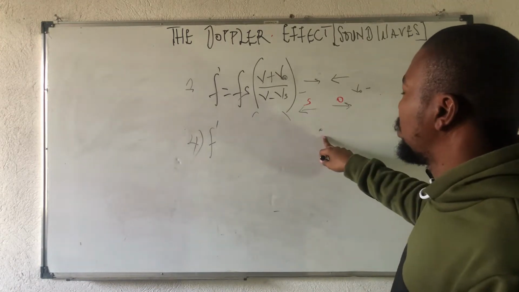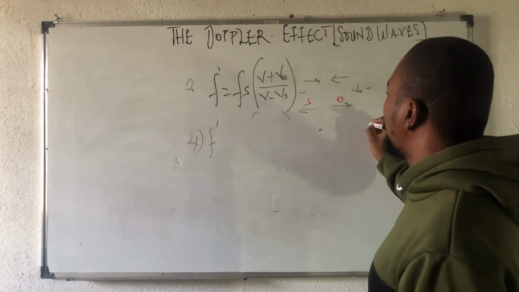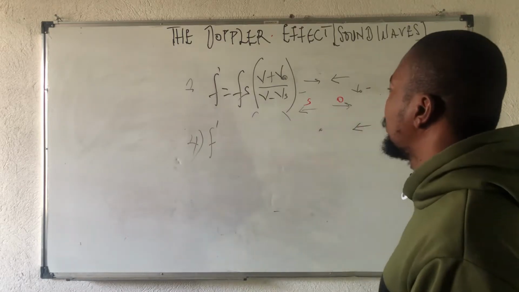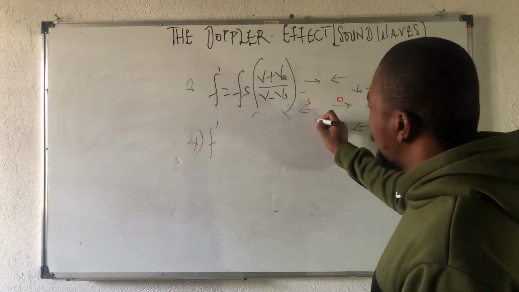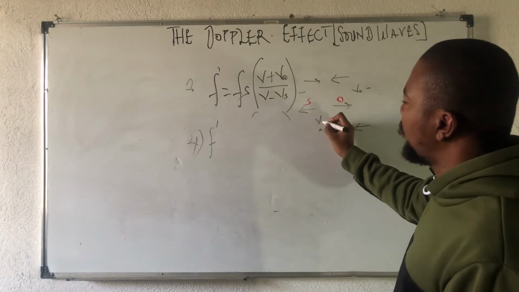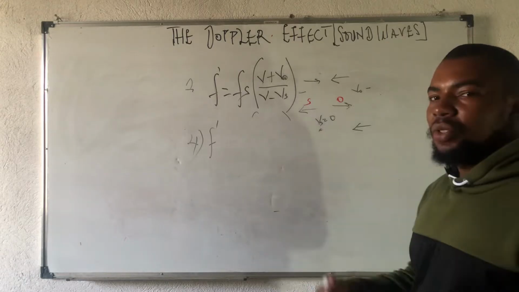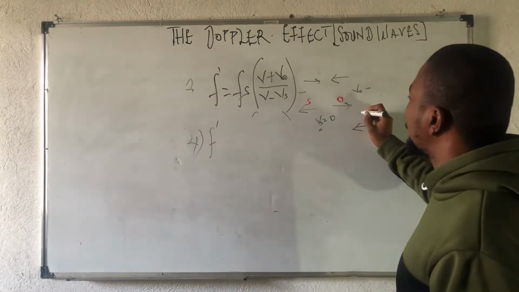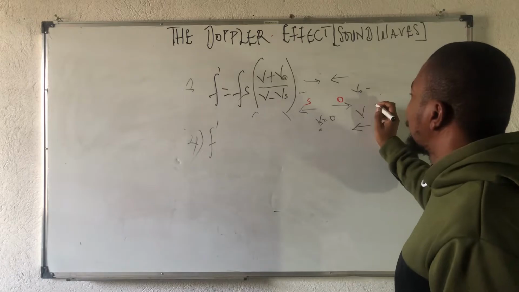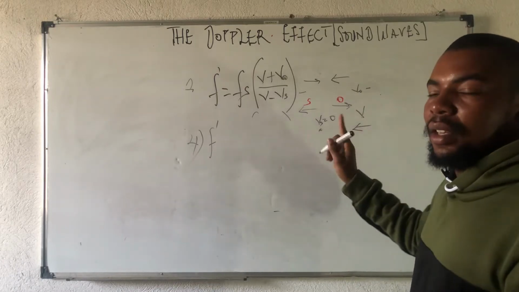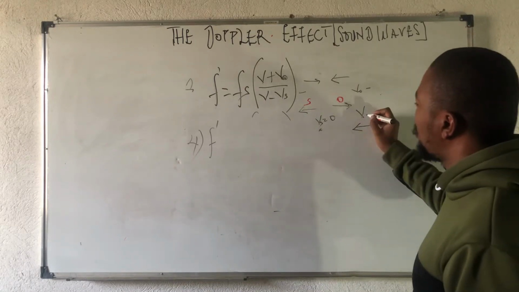So the source is stationary while the observer moves towards it. The velocity of the source is going to be 0, so v sub s is going to be 0, while the velocity of the observer is going to be positive.